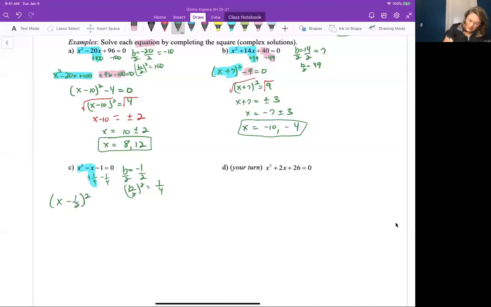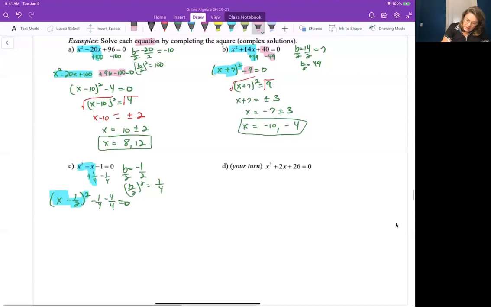I will then have minus a fourth minus 4 over 4, and all of that is equal to 0. This is the portion of my expression that was the perfect square that we created, and this was the remaining part of the expression, which we must now simplify. So moving on, I get x minus a half squared minus 5/4 equals 0.